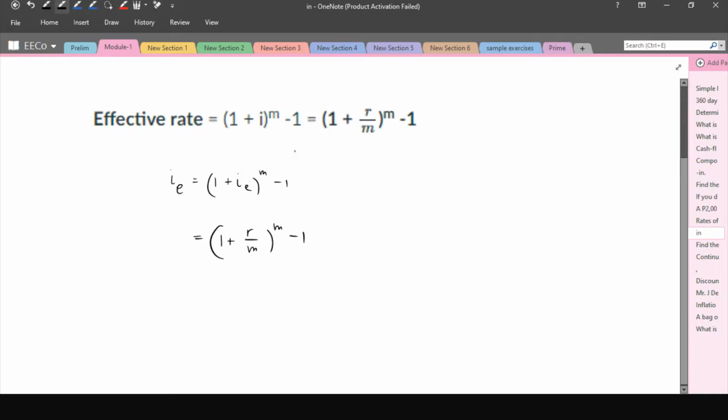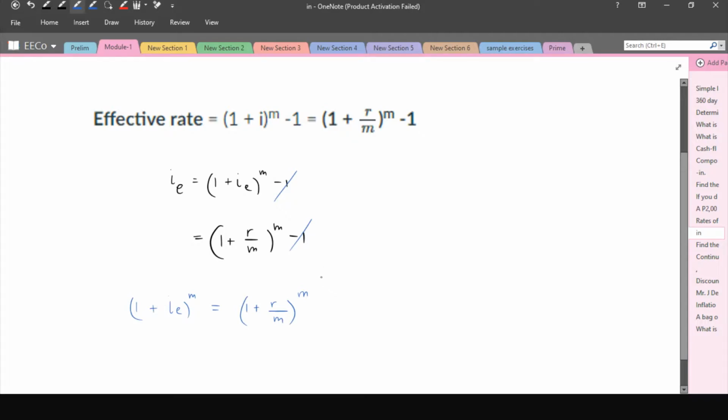So, equate natin yung dalawa. We can cancel this one. Okay, parehas naman sila. So, 1 plus I E raised to M is equal to 1 plus R M raised to M.